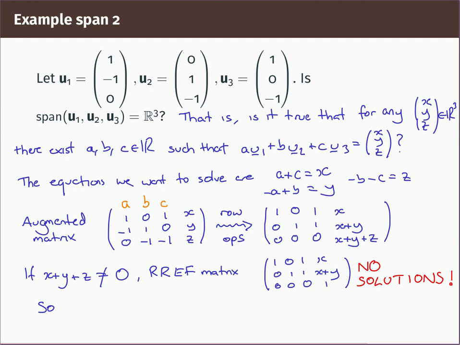So you cannot solve the equations to show that x, y, z is in the span when the sum of x, y, z is not 0.